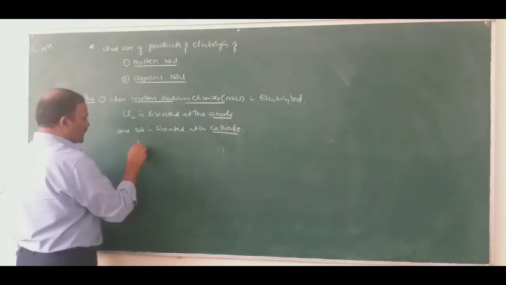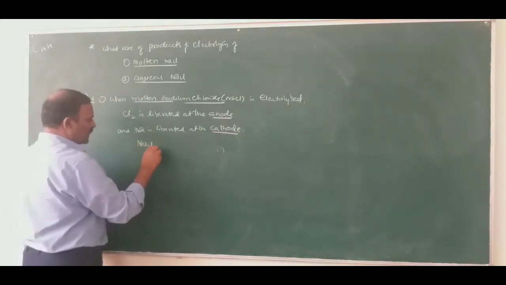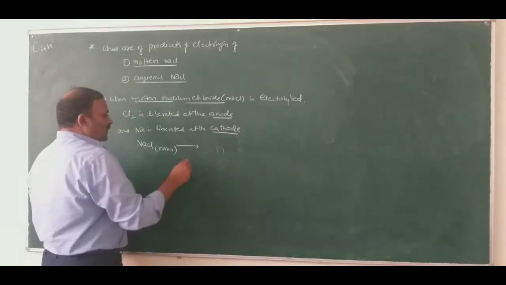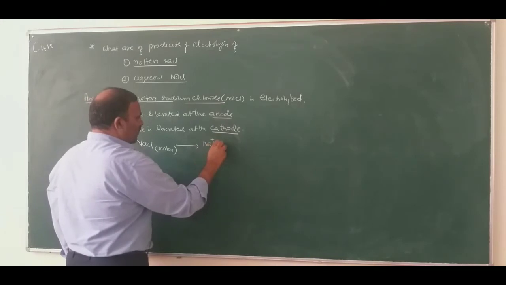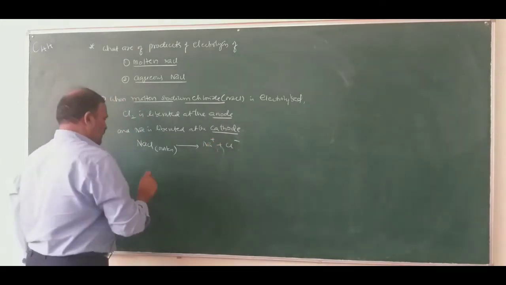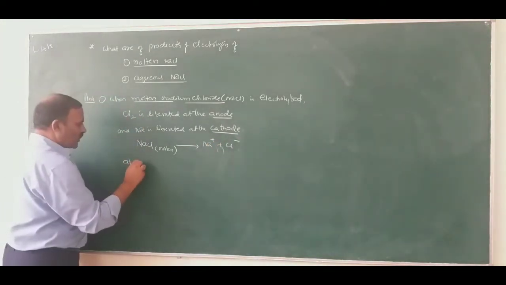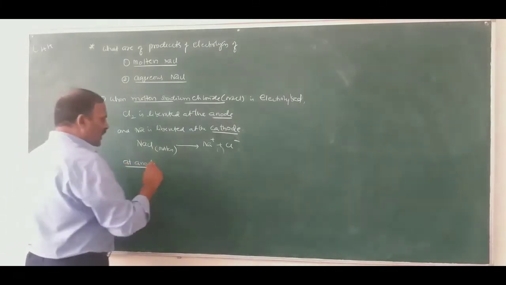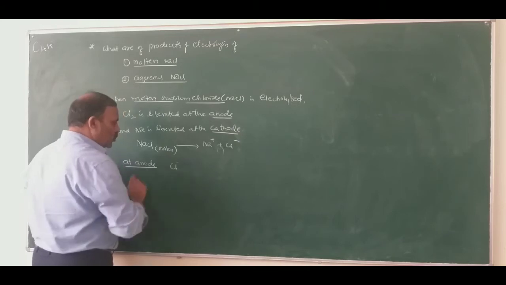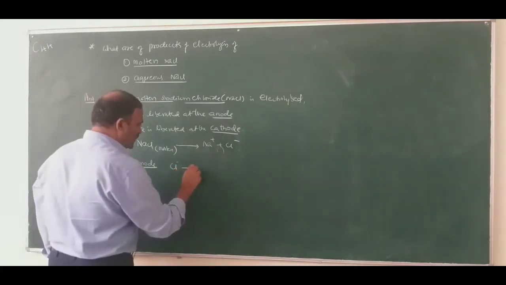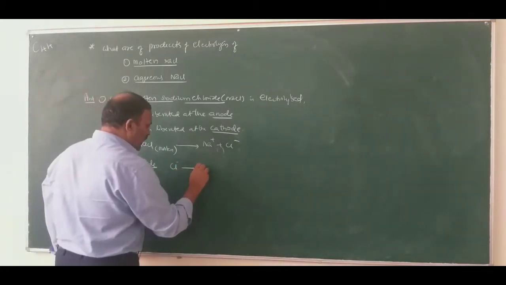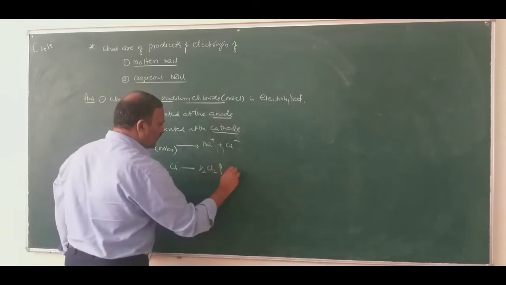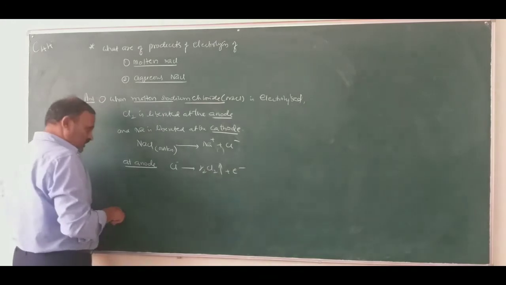So what is the reaction? NaCl, this one is molten, decomposes to give Na+ and Cl−. So at the anode, the positively charged electrode, chloride ions move towards the anode. After losing the electron, they are converted into chlorine gas plus electrons.